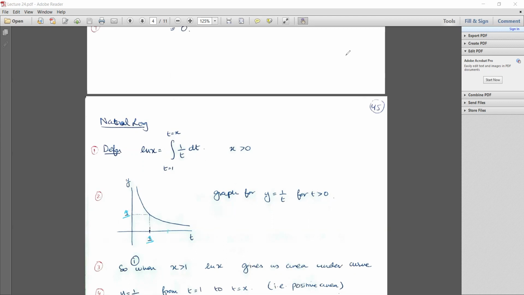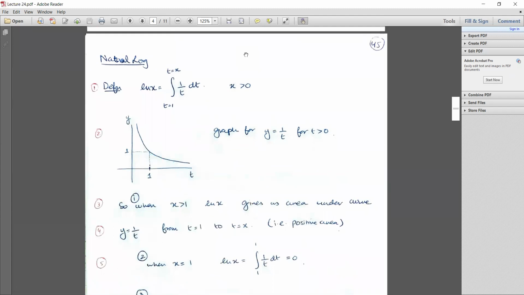So if x is greater than 1, then it's basically this area here. That integral, or the natural log of x, is this shaded area here, whatever the value of this shaded area is. And so if x is greater than 1, natural log of x gives us the area under the curve from 1 to x, and that's a positive area. So natural log of x is positive when x is greater than 1.